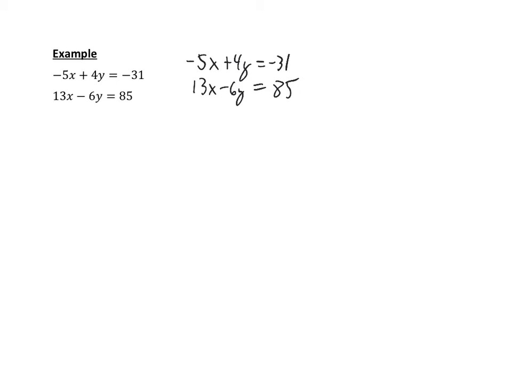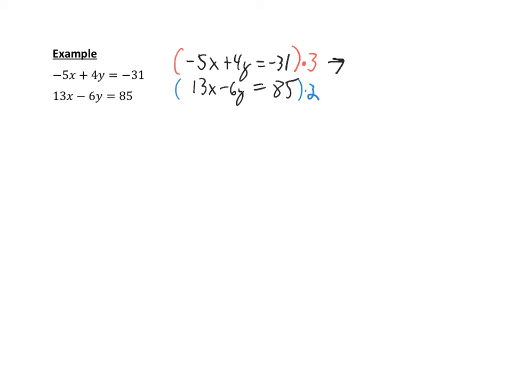So what I would notice is it's going to be easier to make the y's look alike. The reason is I can easily turn both of those y's into 12y's, with the top one being positive and the bottom one being negative. So I'm going to multiply the top by positive 3, and I'm going to multiply the bottom by 2.